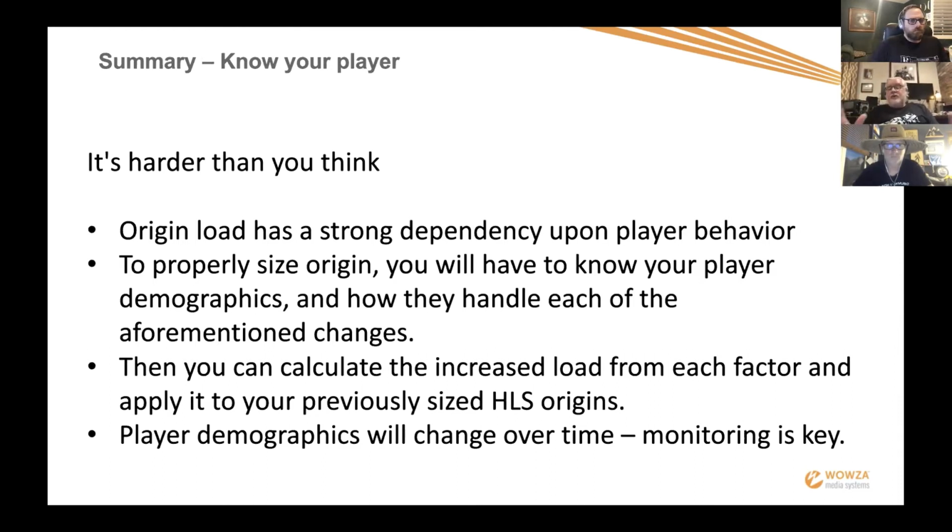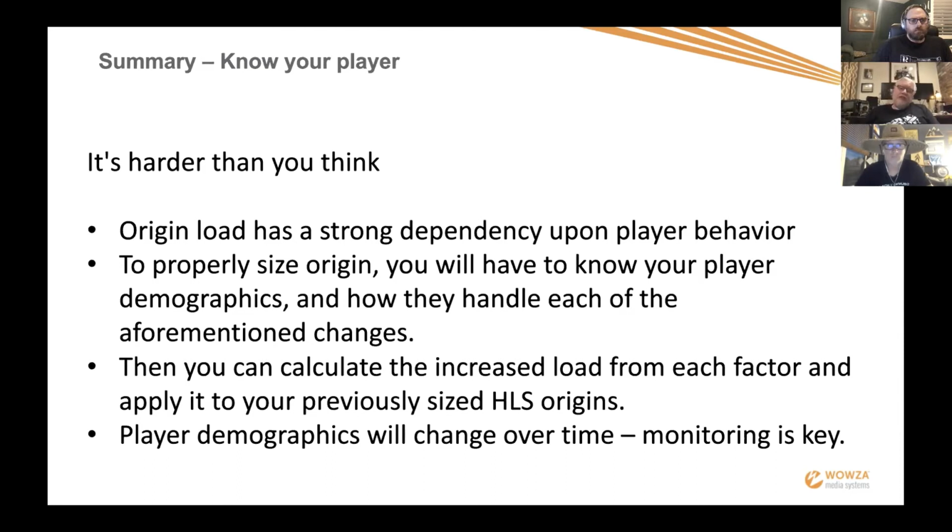So once you have a good idea of your player demographics, you can calculate the change in load with each of the factors that I've gone through, and apply it, and basically modify your calculation to say how many origin servers do I need to support this many players. And of course, these player demographics will change over time.